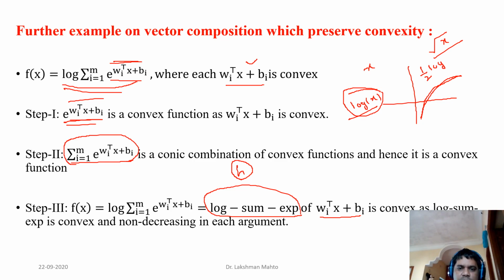It is always a convex function, because it is a log sum exponential and it has a positive semi-definite Hessian. So that's why it is convex. Log sum exponential is convex. Also, it is increasing with respect to its argument as well.